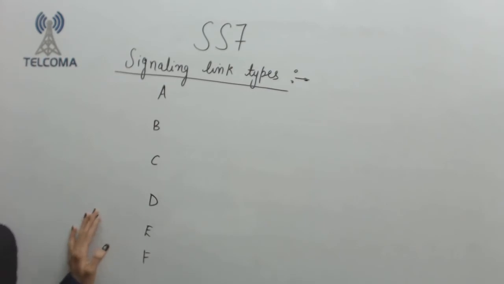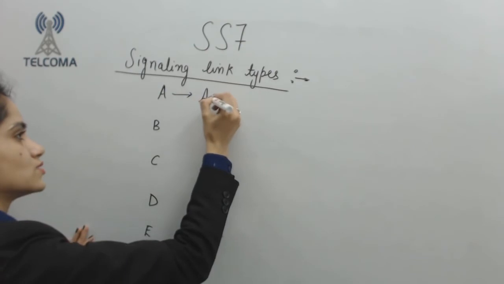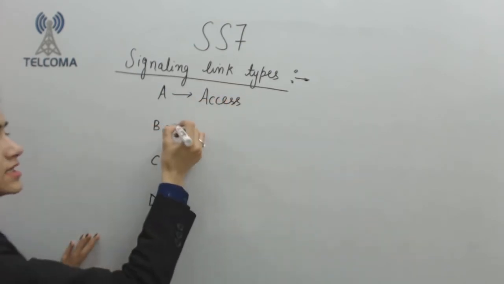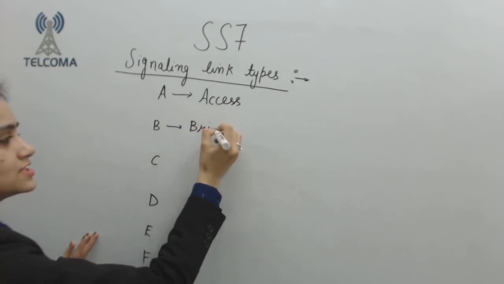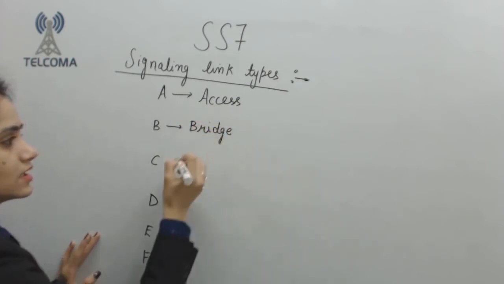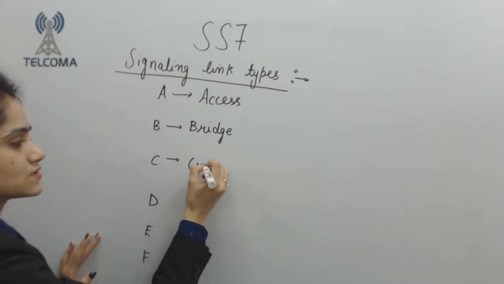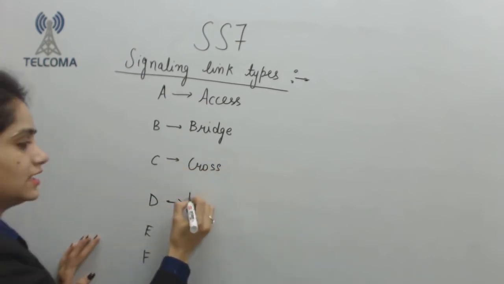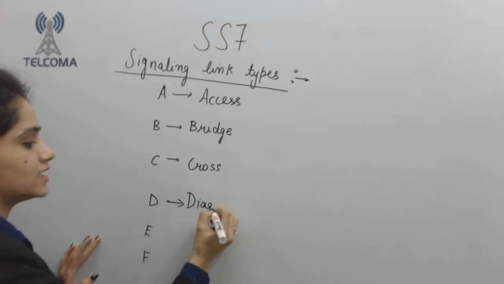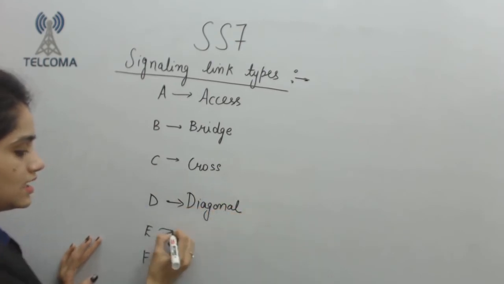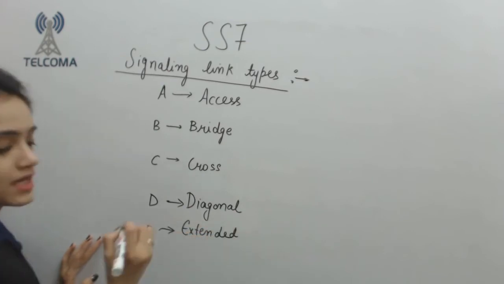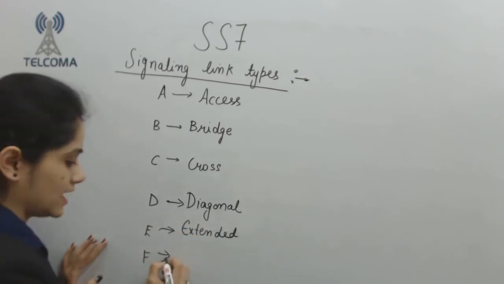Now each and every link has its meaning, like A, which is known as access link. Then B link is bridge link. Now the link C is cross link. After that D will form a diagonal link. E is for extended link. And F is fully associated.